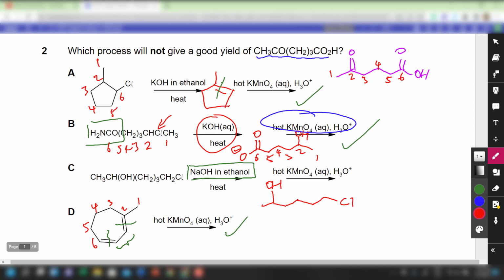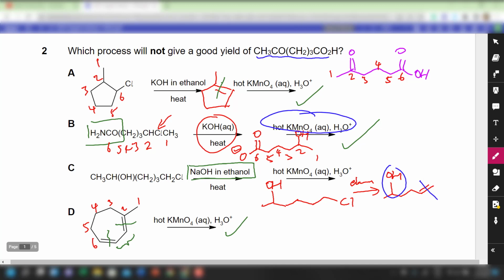So in the presence of sodium hydroxide in ethanol, elimination is going to take place. If I perform elimination, this is likely to be my product, which is like this. So it's a terminal alkene. If I'm going to perform an oxidative cleavage on my terminal alkene, I'm going to get a carboxylic acid, and at the same time I'm going to get ketones.